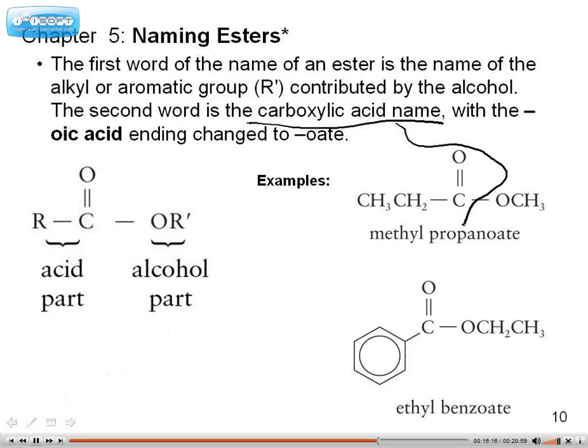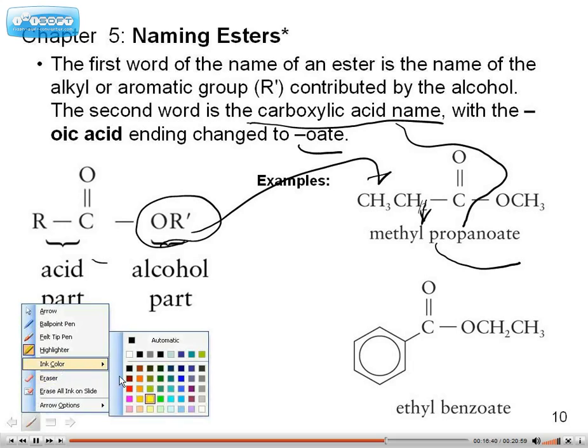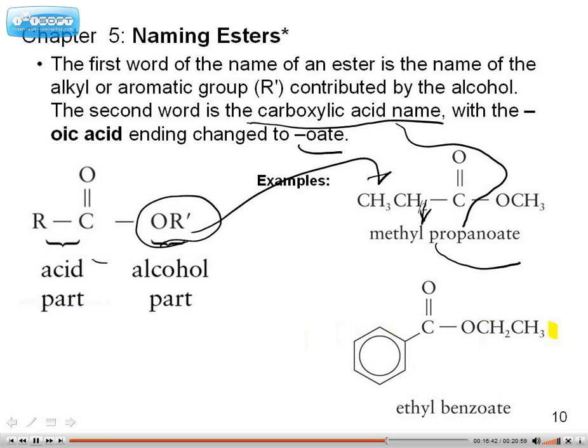In this case, it was propanoic acid, but it was changed to an oate. So the acid part is always at the end. The alcohol part, the OR, is always at the beginning, and you have a nice gap or space. Consequently, going to this example that I'm about to highlight with my yellow pen, ethyl, and then the rest of the parent acid is going to be benzoate.